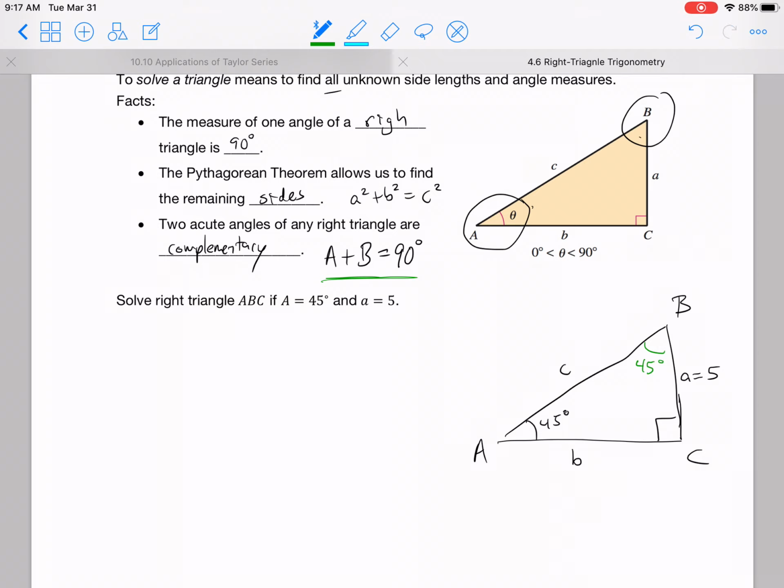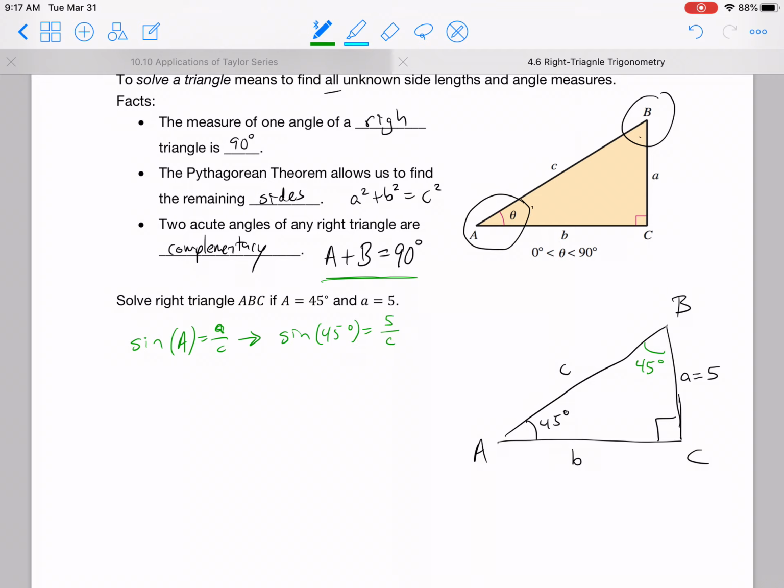And so now we've got all three angles. So now it's just a matter of finding the sides. Well, we can say that the sine of A equals a over c, which is going to give us the sine of 45 degrees equals 5 over c.